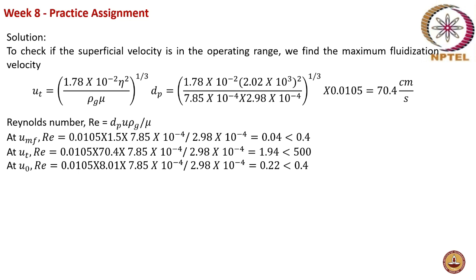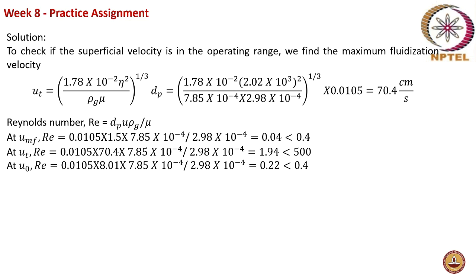For minimum fluidization velocity, you just substitute the velocity term, which is the only thing that changes in these three expressions: for minimum fluidization velocity it is 1.5, whereas the maximum fluidization velocity is 70.4, and the superficial velocity u naught is 8.01.